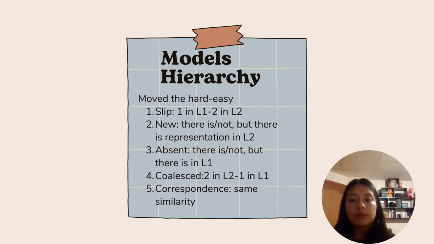The other is absent, when there is no such element in L2 or target language, but in our language we have a representation of this element. The other is coalesce, when we have two elements in the target language, but in our language or L1 or mother language, we have one element.